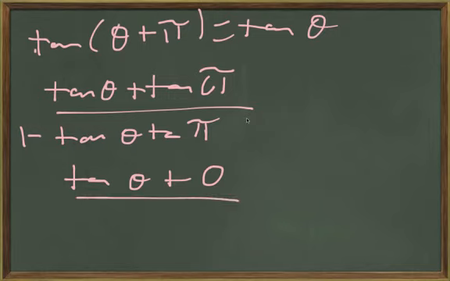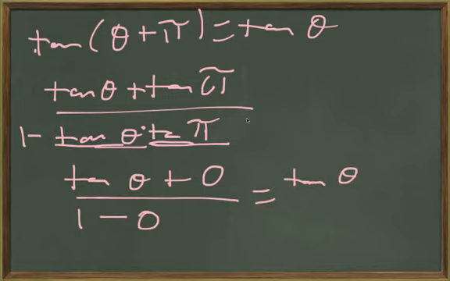Over 1 minus, now tangent of theta is still tangent theta, but tangent of pi is 0, so 0 times tangent theta is 0. And so tangent of theta plus 0 is tangent theta over 1 minus 0 is 1, which is the same as just tan theta.